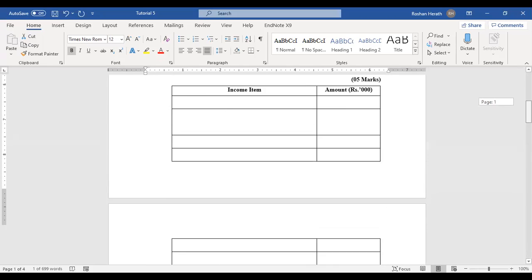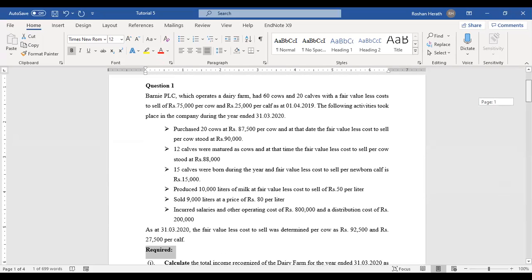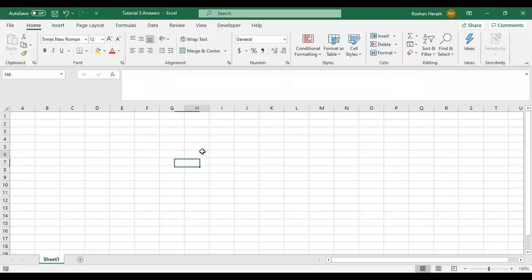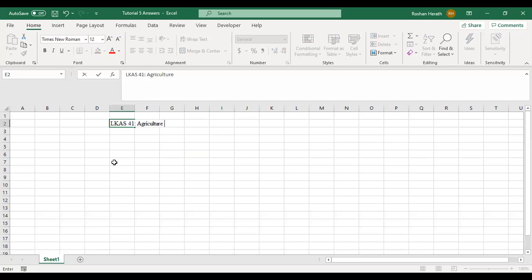Okay. So before I move on to this question, let me provide you with a simple briefing on the agriculture standard, the essence I would say. When it comes to the agriculture standard, LKAS 41, it basically deals with biological assets.